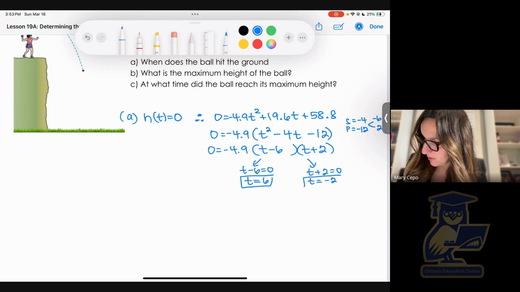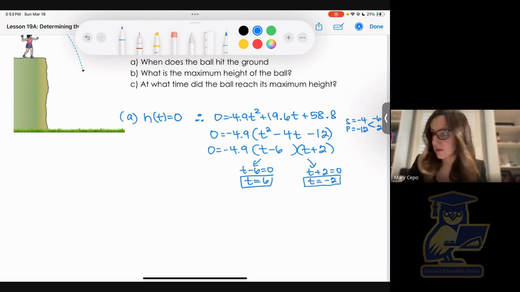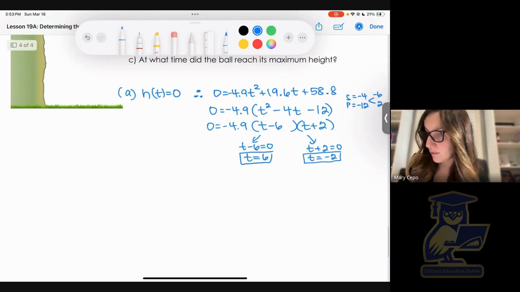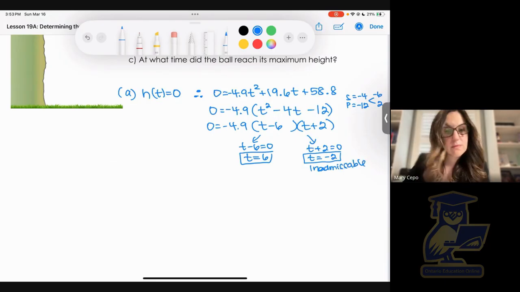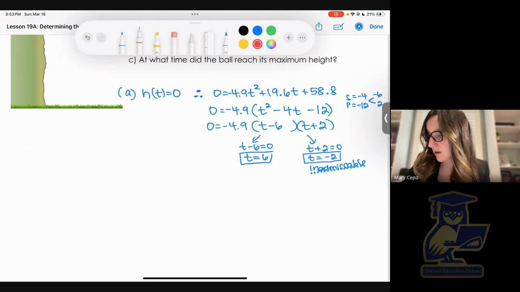Now again, although the value t equals negative 2 does solve our actual quadratic equation, it's something called inadmissible. We can't use it because we can't have negative time. It does satisfy the equation, but it doesn't make sense for our scenario. So we have to call it inadmissible. We can cross it out, but we cannot use it.